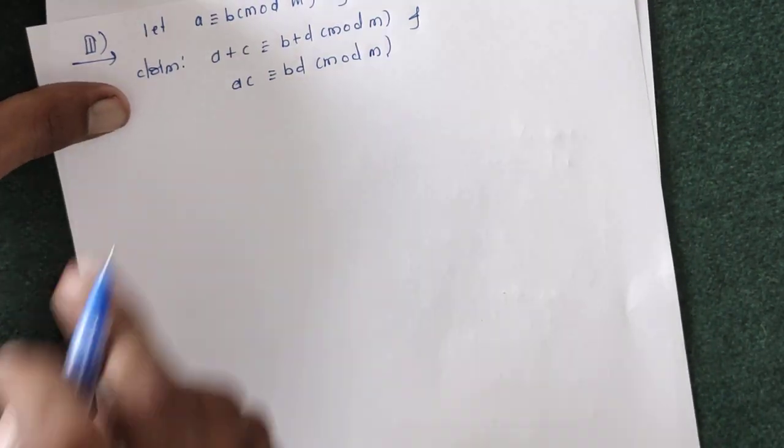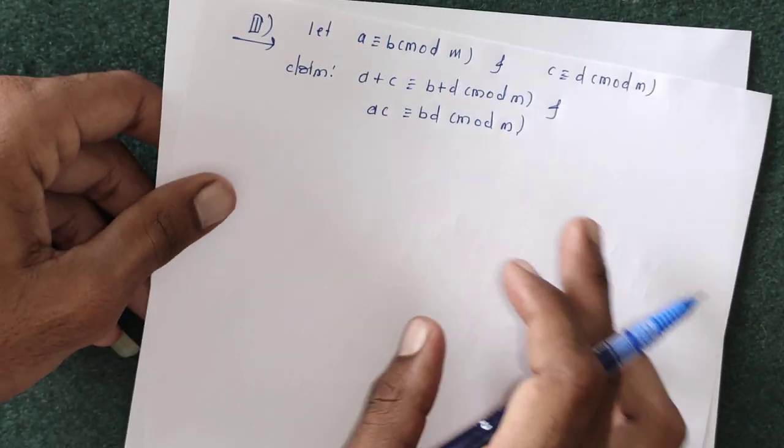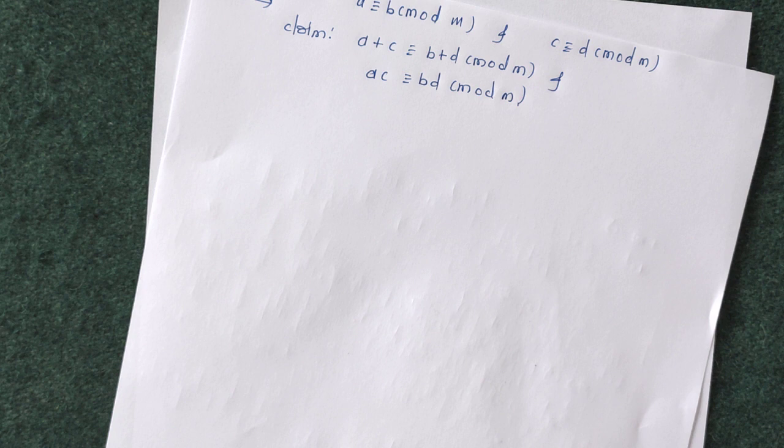To prove this, we are going to use these two. From these first two equations, we can use the definition of congruence, and after that we can use the definition of divisibility on both statements.